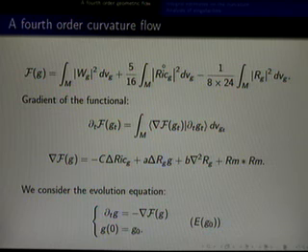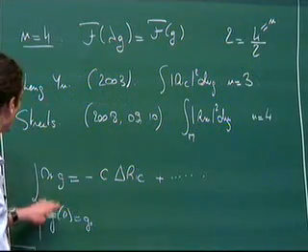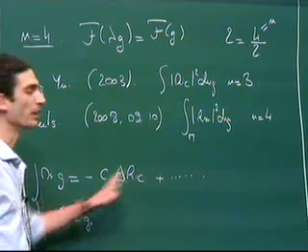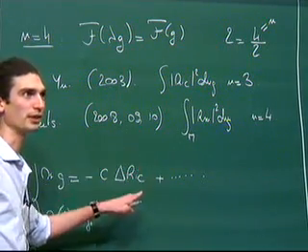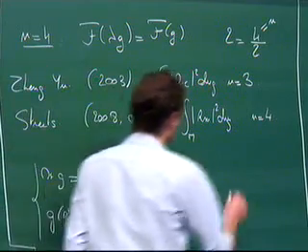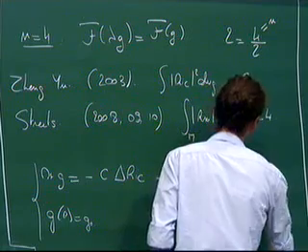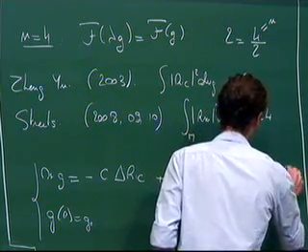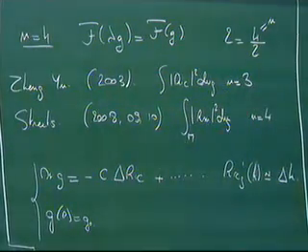Roughly speaking, for the Ricci flow the derivative of g is minus Ricci, and you know that if you linearize the Ricci tensor, you get something that looks like the Laplacian after applying the DeTurck trick.